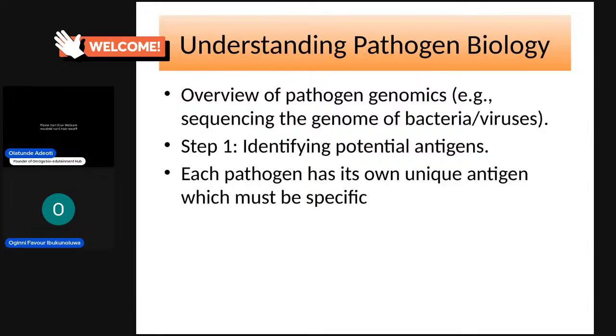For example, the same E. coli that you isolated from soil is going to have a different antigen from the one that is isolated in water. So you have to know all this. Each pathogen has its own unique weapon, its antigen, which is specific.